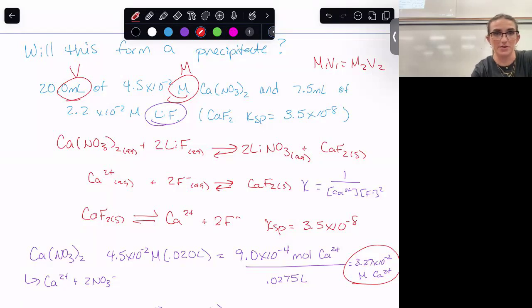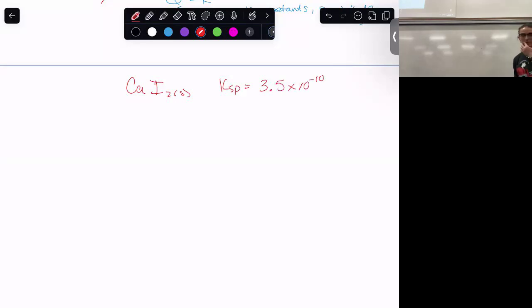Okay, so then in similar fashion, let's say we had calcium iodide. And we said that KSP is equal to... okay.